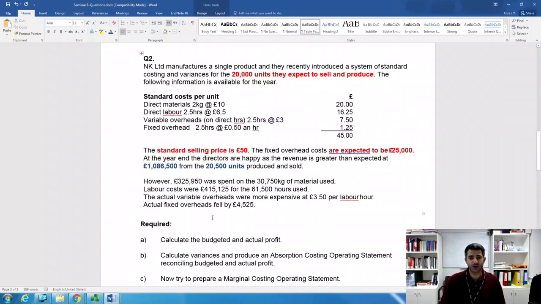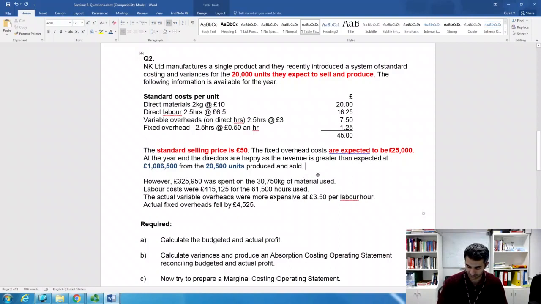If you want to find the selling price per unit, the standard selling price per unit is £50, but what's the actual selling price per unit? What you need to do is divide this by the units. So 1,086,500 divided by 20,500, that's £53.